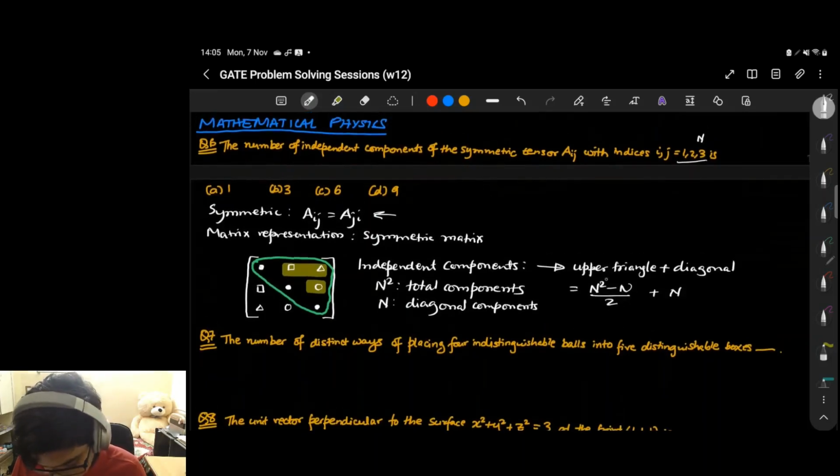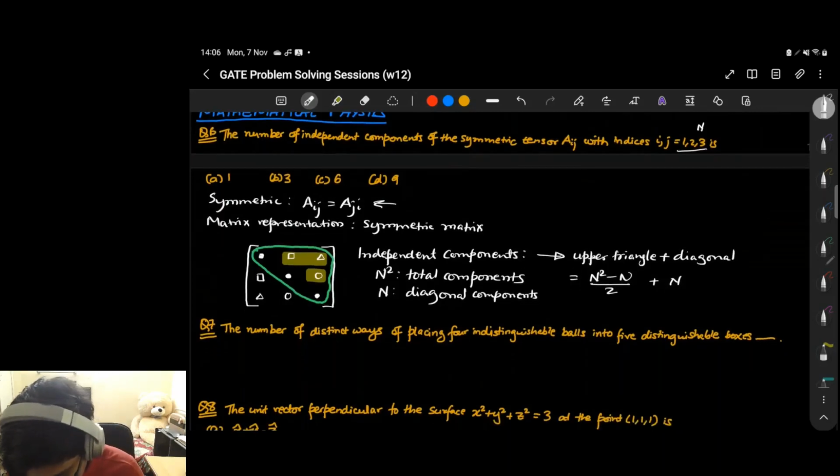How I got the upper triangle as n squared minus n over 2 is because the total is n squared and the diagonal is n. If you remove the diagonal elements from the total elements, you are left with the upper triangle plus the lower triangle, and then you divide by 2 to get the number of elements in either just the upper triangle or the lower triangle.